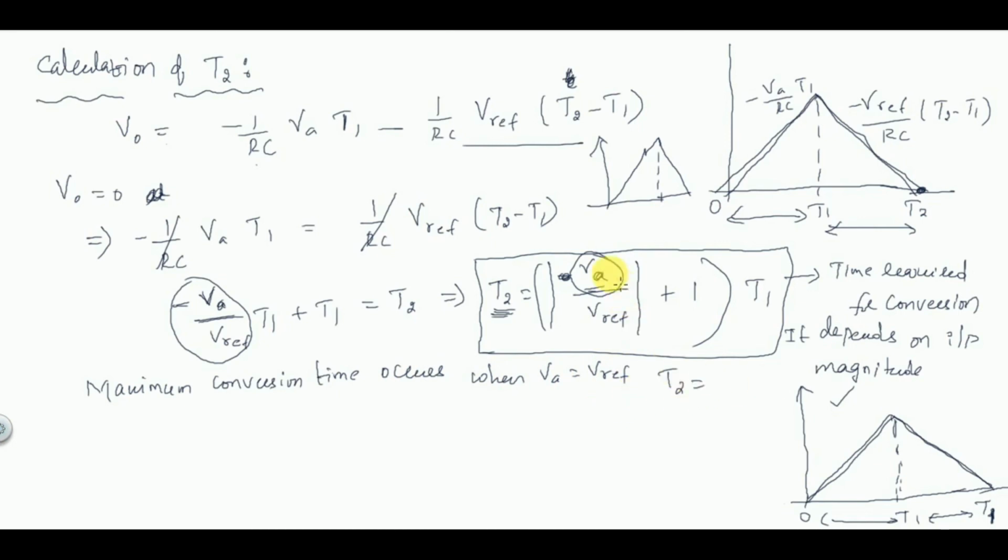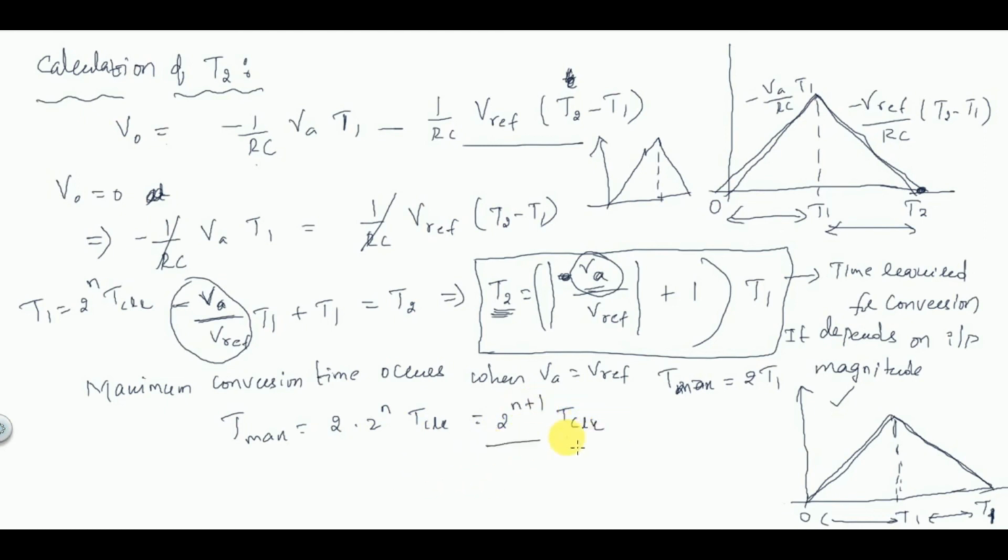If you substitute in this, T2 is the maximum time, so T max is equal to, both are equal so you get 1, 1 plus 1 is 2, so you get 2T1. What is T1? T1 we have got as 2 power n into T clock. So T maximum is equal to 2 into 2 power n into T clock, which is equal to 2 power n plus 1 into T clock.